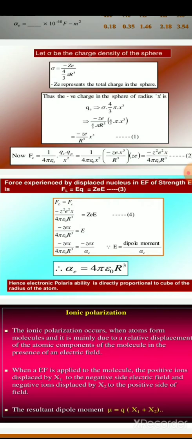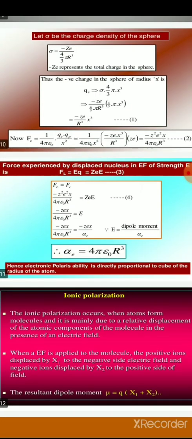Minus Ze x by 4 pi epsilon naught r cube equals E, where, as we know, E equals minus Ze x by alpha E, which we get from E equals dipole moment by alpha E. Now after solving this equation, we will get alpha equals 4 pi epsilon naught r cube. We can do this work in a rough book; I have already done it.